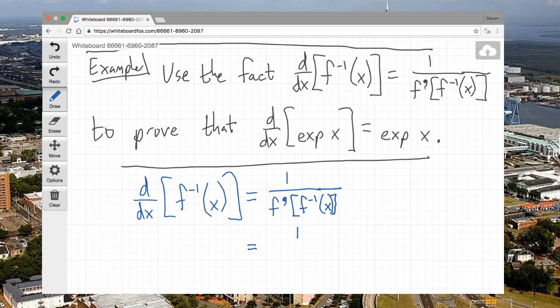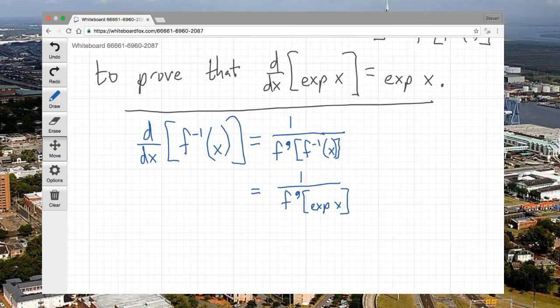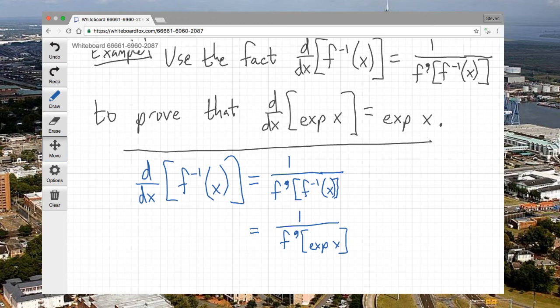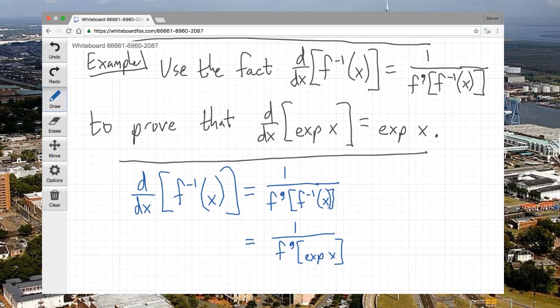Well, that's exp of x. And what is f prime? Well, remember, what is my f in this case? In this case, my f of x is the natural log of x. I'm assuming that f of x is the natural log. That means f inverse is the exponential function. The natural exponential function, I might call it.